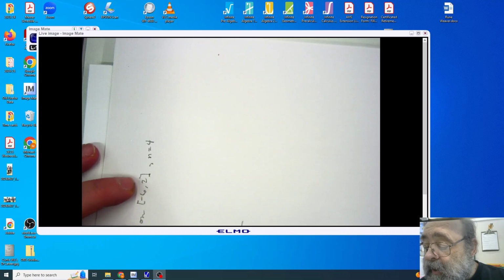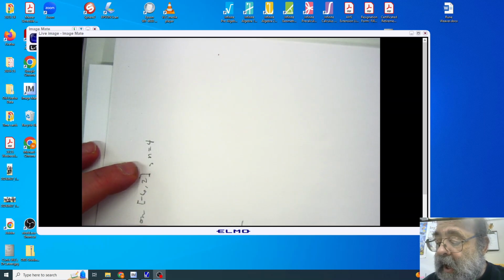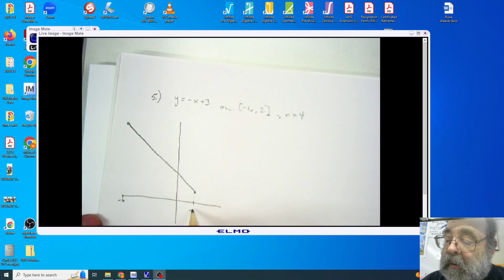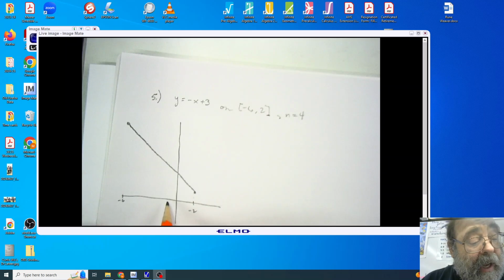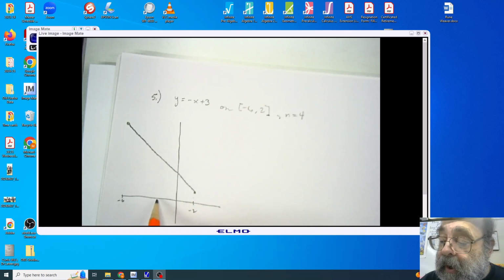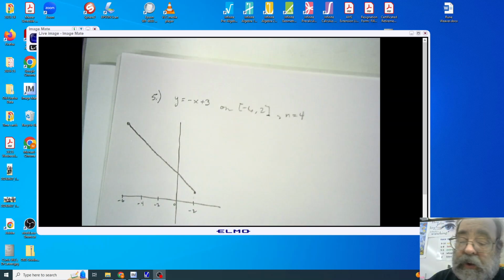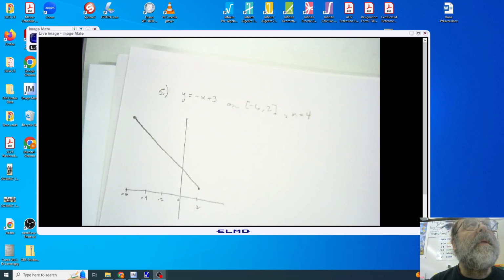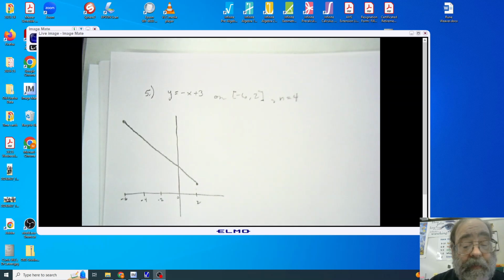I'm going to draw my line segment. And I now need to get 3 intervals. So negative 4, negative 2, 0, 2. And that's not negative 2, that's a positive 2. Alrighty, so we're now ready.